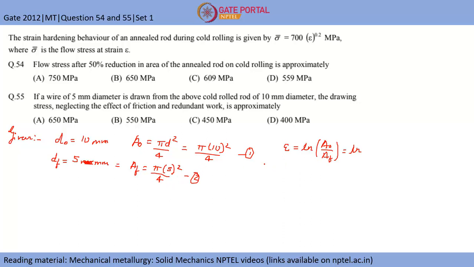This will be basically ln of pi 10 square by pi 5 square. So pi gets cancelled. 10 square is 100. So this becomes 100 by 25, which is basically ln 4, and ln 4 is 1.386.